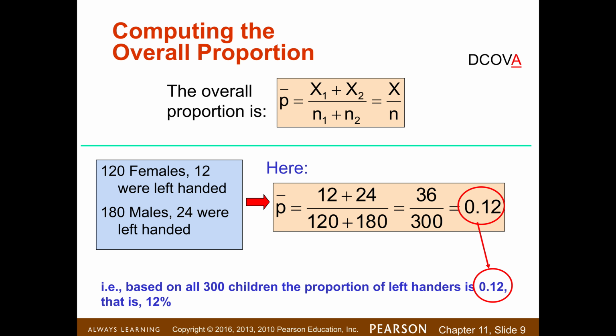The proportion of males who are left-handed is the same, at least that's what we're testing. So we're going to count those left-handed from the females, count those left-handed from the males, add those up and divide by the total sample size. So about 12% of our 300 children are left-handed.